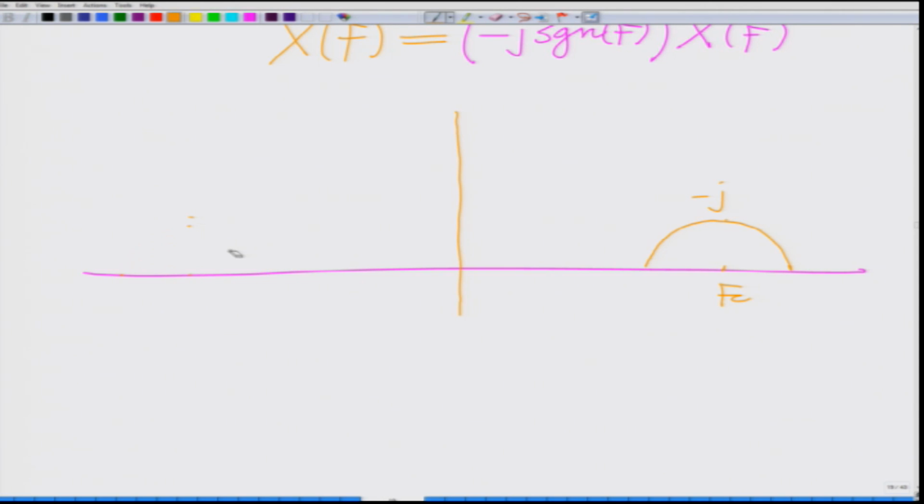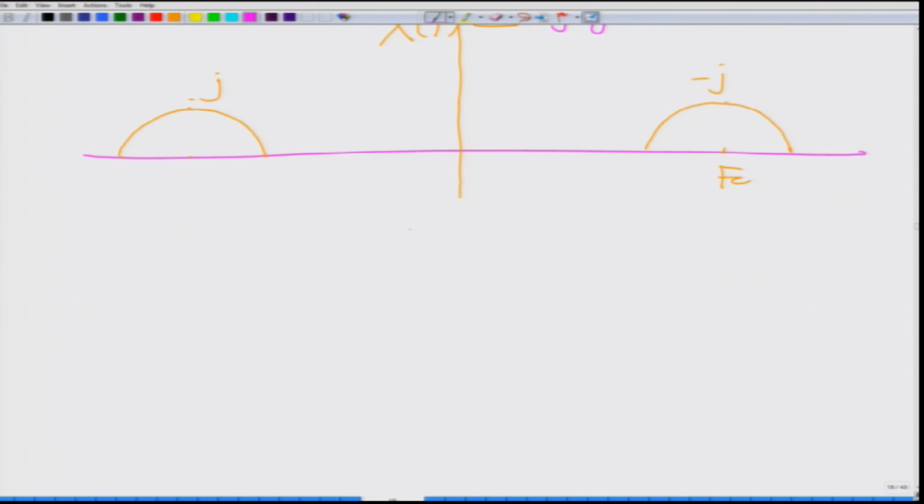Since this is minus j sgn(f), this band will be multiplied by j. So this is the spectrum X hat of f, the spectrum of x hat of t, which is minus j sgn(f) times X(f). Now consider j times X hat of f.